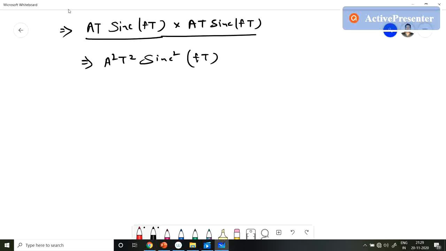If we analyze this expression, the negative area will become positive area.